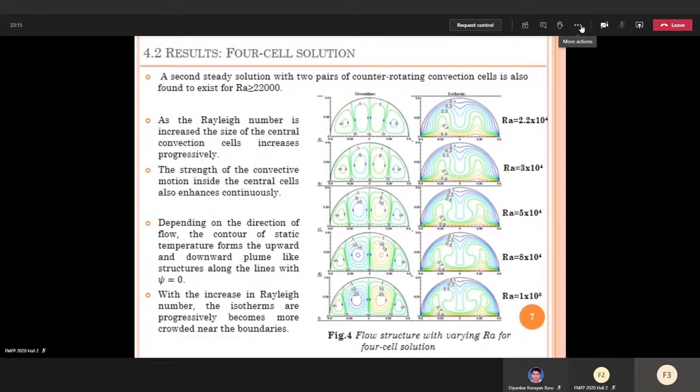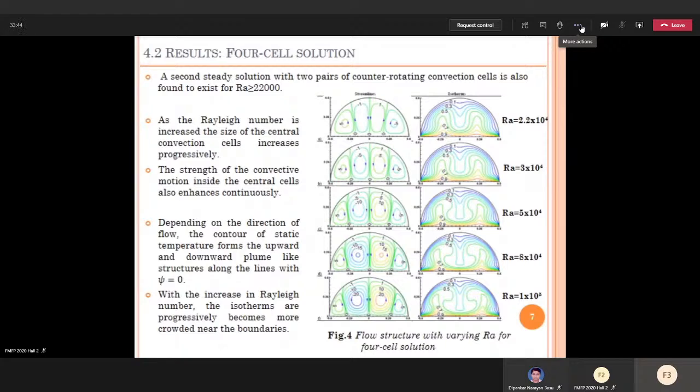Along with the increase in size of the convection cell, it is further noted that with the increase of Rayleigh number, the intensity of the convective motion also increases inside the convection cell. If we refer to the contour of the isotherm, we can see the upward and downward plume-like structures, and these can be correlated to the lines of the cells which have zero stream function value.